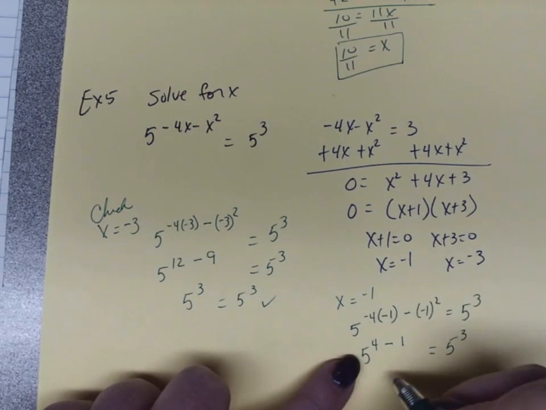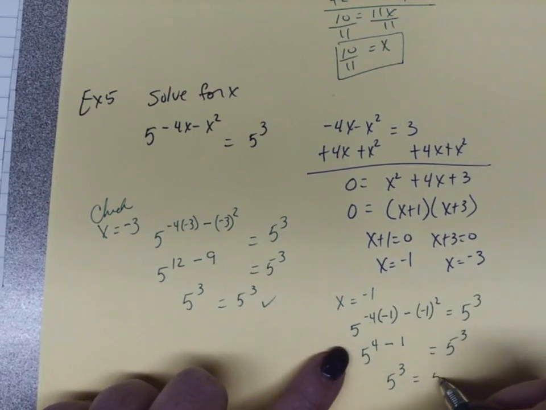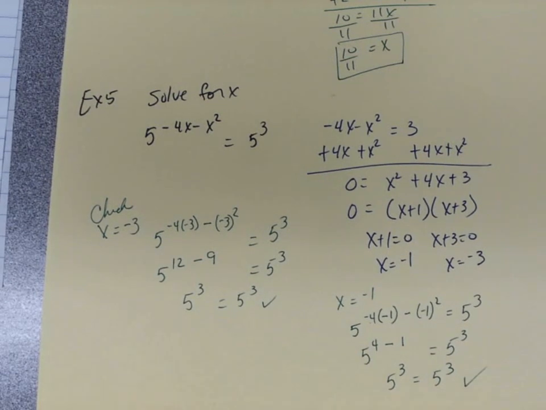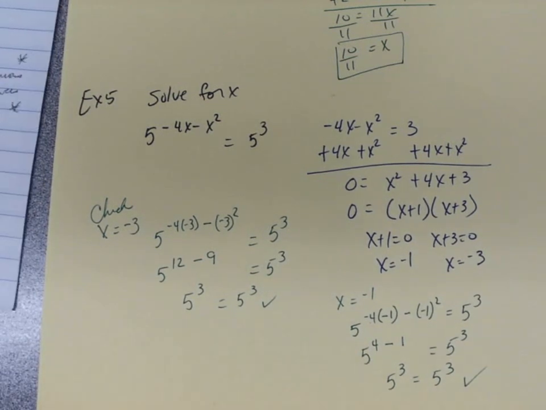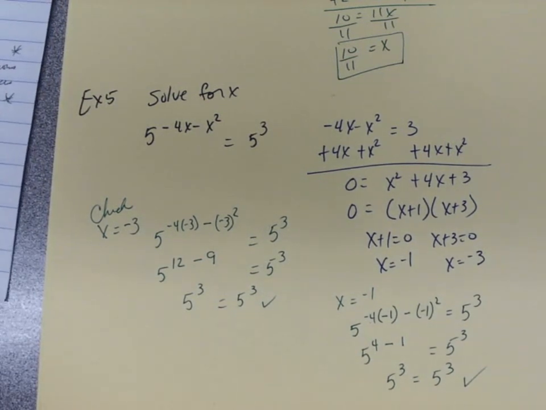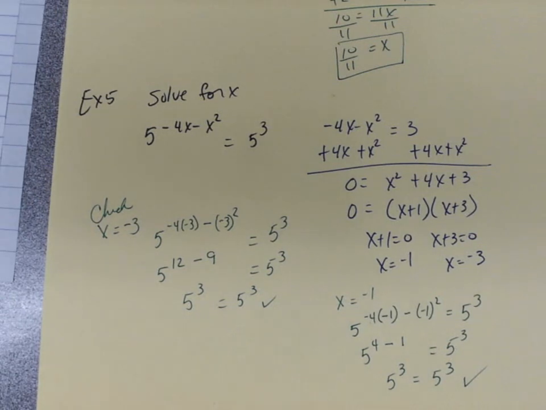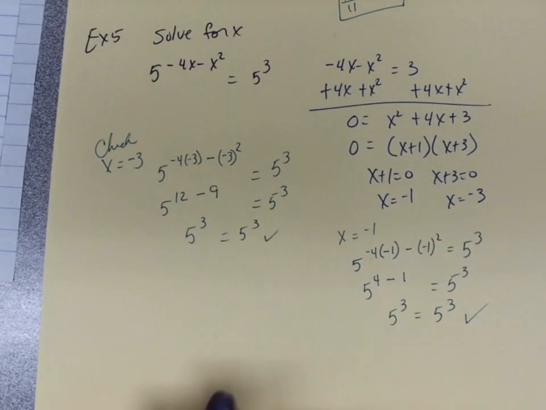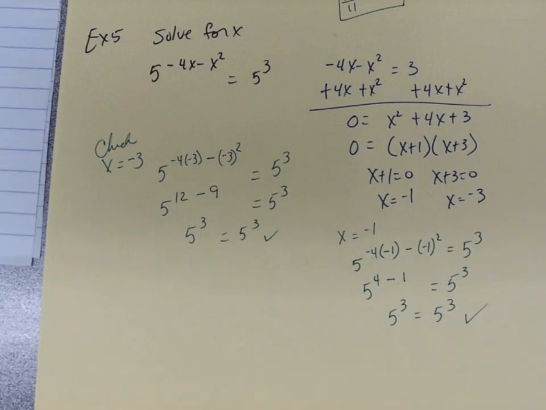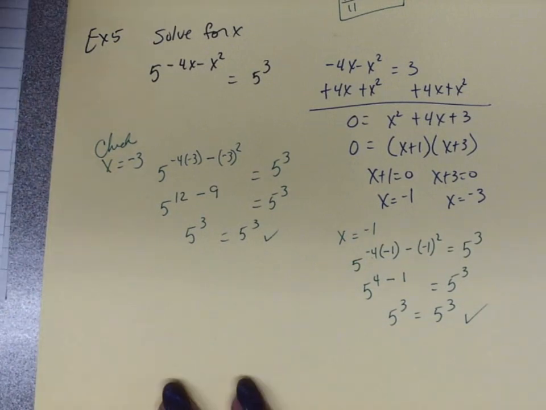And then 4 minus 1 will get us 3. So both answers work in this case. So if you're doing your homework and it tells you something's wrong, that both answers are not the case, then go check them to see. We won't check every answer, but do check and be sure.